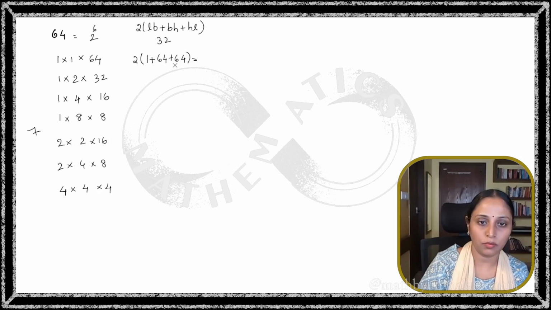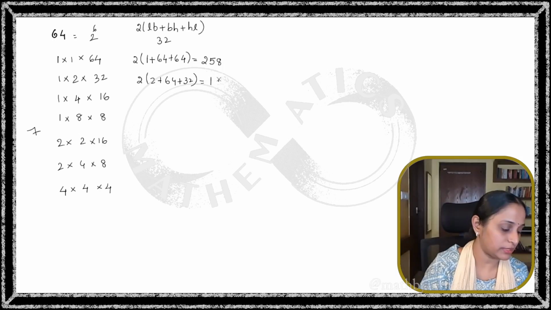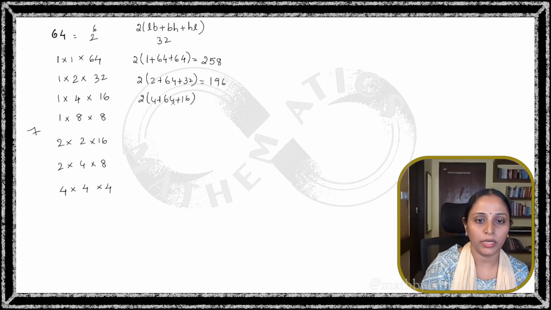So this is 128 and 129 into 2, which will give me 258, right? This is going to be 2 plus 64 plus 32. 98, twice of 98 is 196. This is 4 plus 64 plus 16. 84 into 2 is 168.